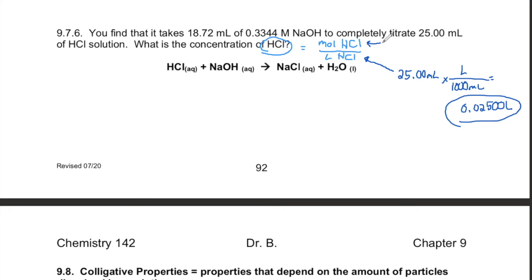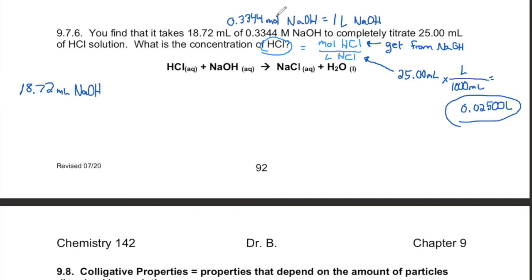The moles of hydrochloric acid we don't know, but that's why we reacted it with sodium hydroxide. We're going to get that amount from our known sodium hydroxide solution. Let's do that here. We have the concentration of sodium hydroxide known as far as how many moles are in a liter of solution. So let's go ahead and convert the milliliters to liters.